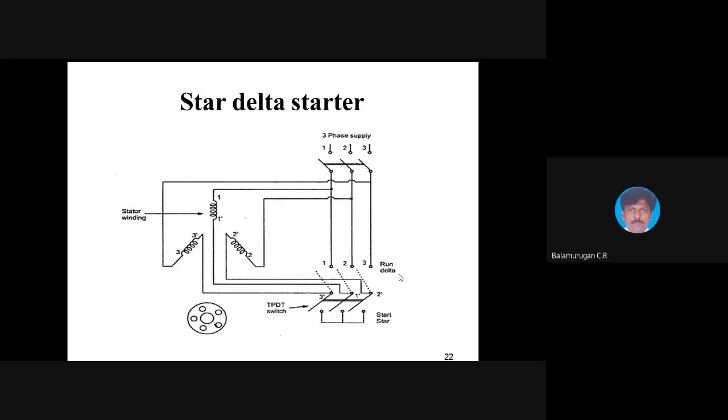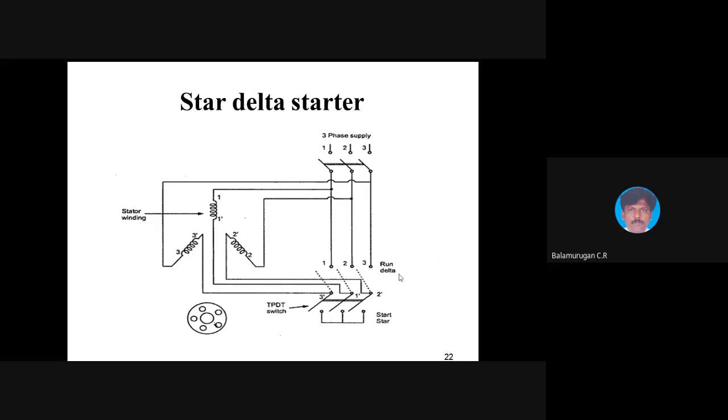So input will enter through 1, 2, 3, and go out at 1 dash, 2 dash, and 3 dash. 1 dash, 2 dash, 3 dash are connected at the TPDT switch. So during the starting condition, the stator winding will be star connected.